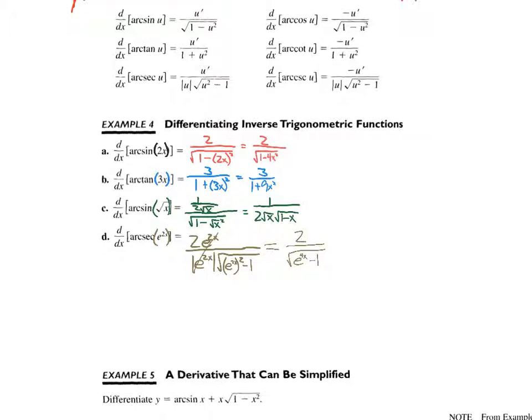So there would be a critical value there, but if you think about the domain of your arc secant, remember the domain of arc secant was anything except for the values between -1 and 1. So x can't be 0 anyways.